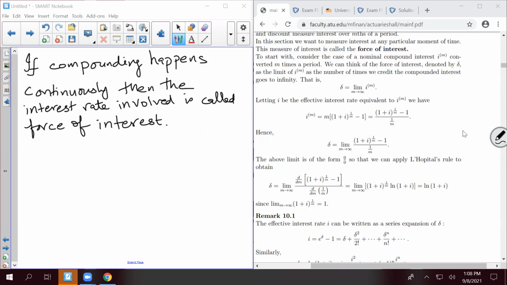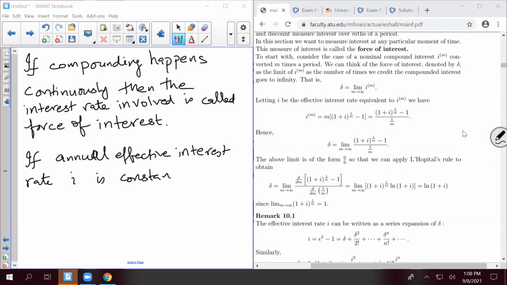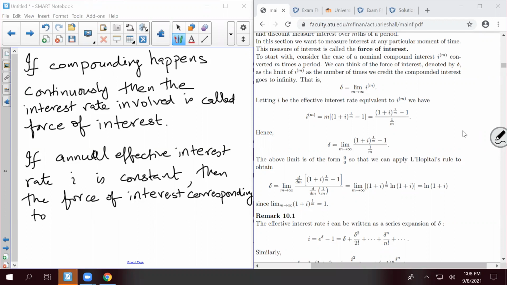So if the annual effective interest rate I is constant, and we know that it's compound interest, then the force of interest corresponding to it is denoted by delta, and delta is equal to ln 1 plus I.